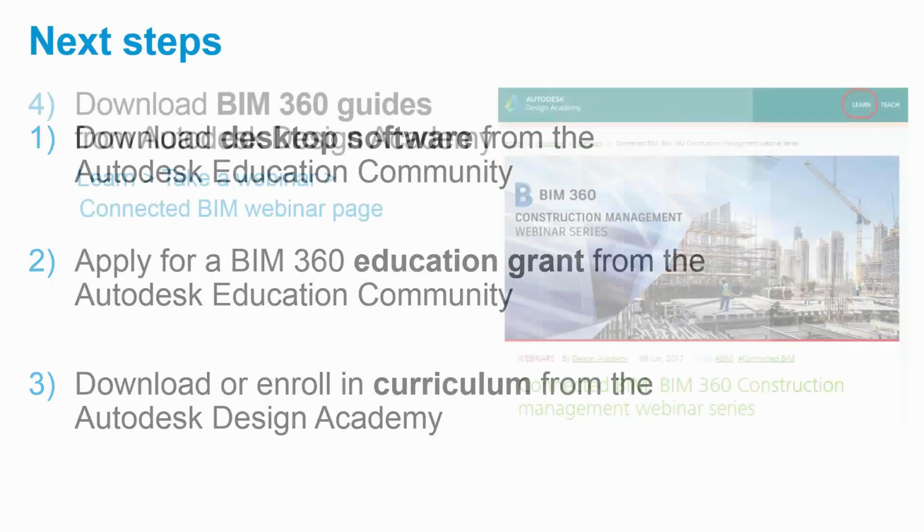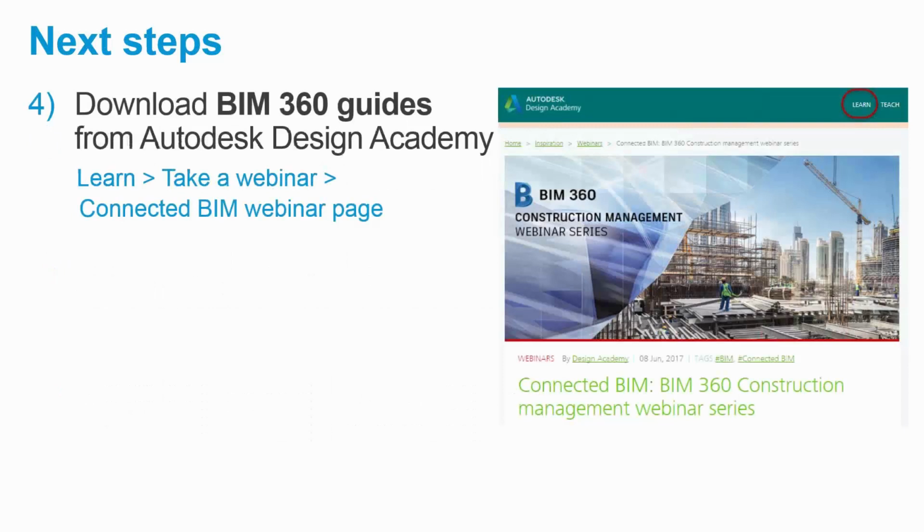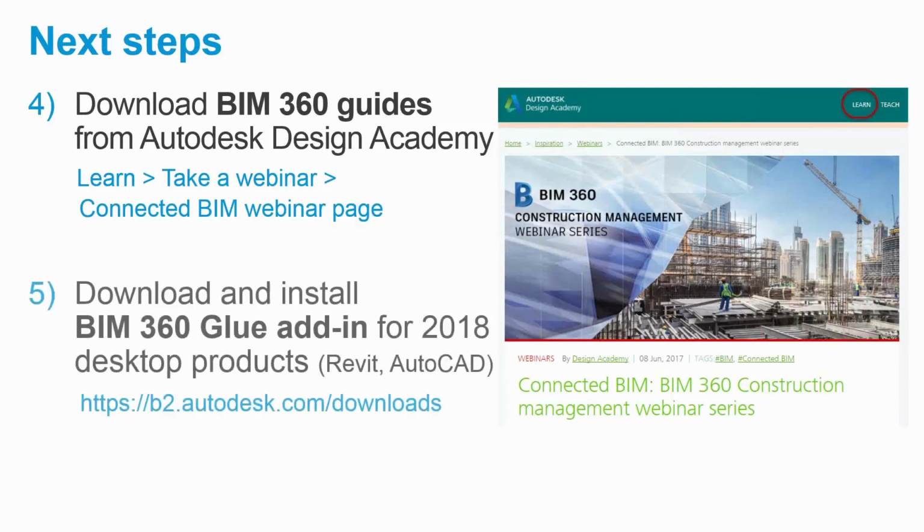As Nathan mentioned, I did create specific BIM 360 guides for administrators and end users. That can also be found from the Autodesk Design Academy on the Take a Webinar page for Connected BIM. So I'll post that later today, if not tomorrow, so you can start taking advantage of that resource.